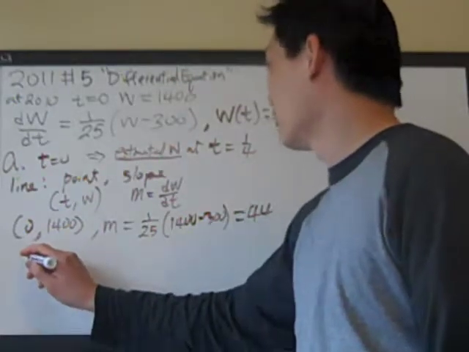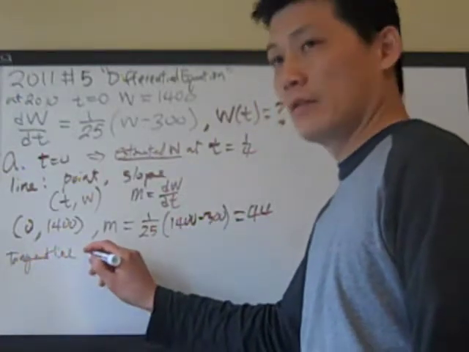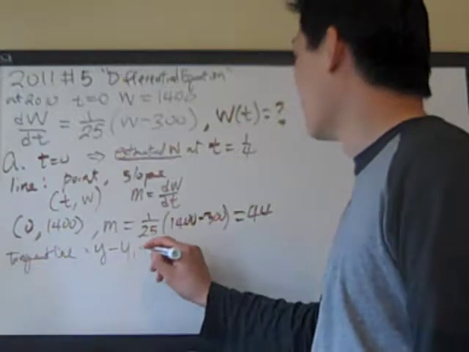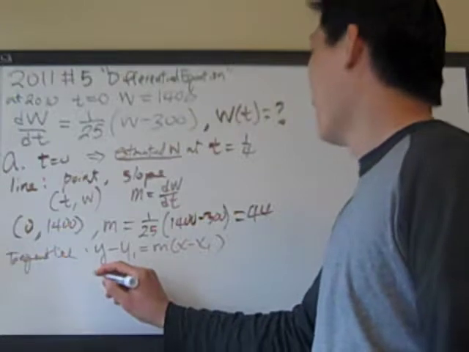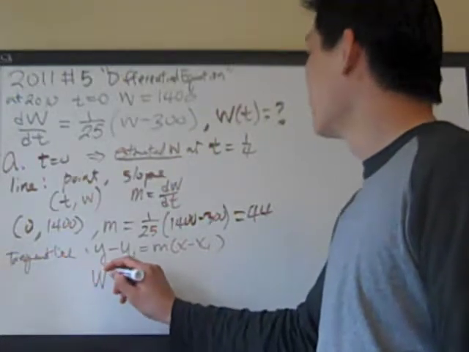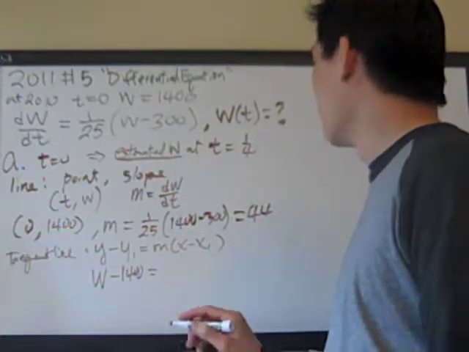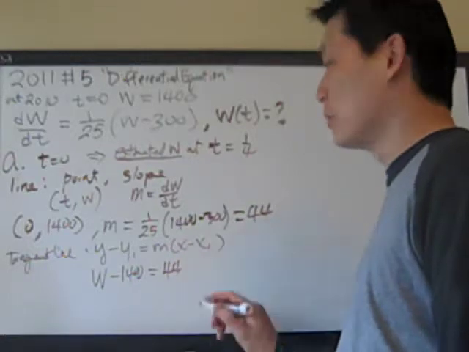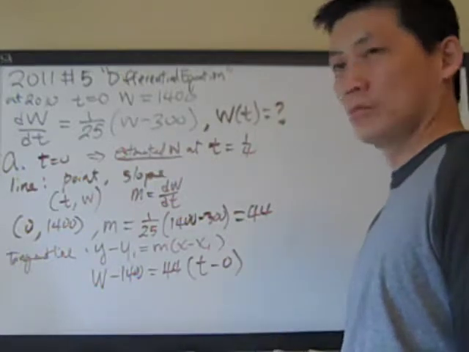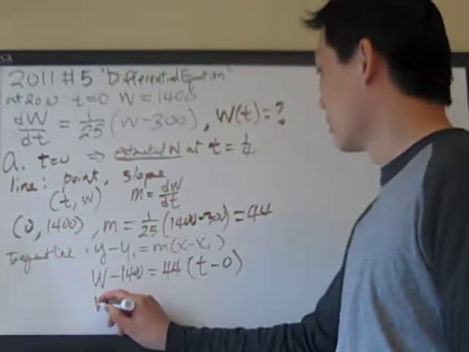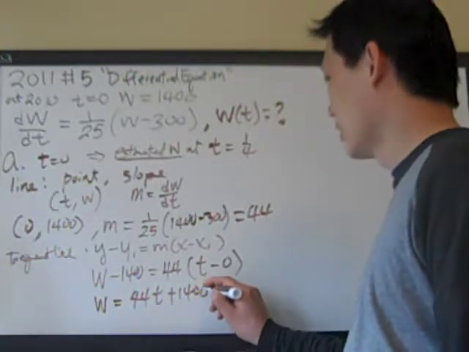So our tangent line follows the equation y minus y1 equals m times (x minus x1). In this case, W minus W1, which is 1,400, equals m, the slope, which is 44, times (t minus 0). So very simply, W is equal to 44t plus 1,400.